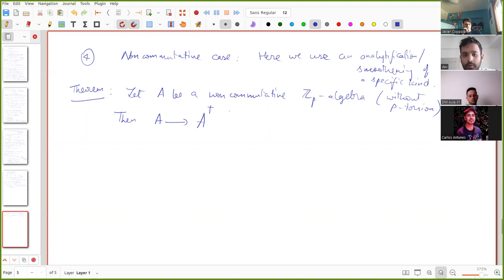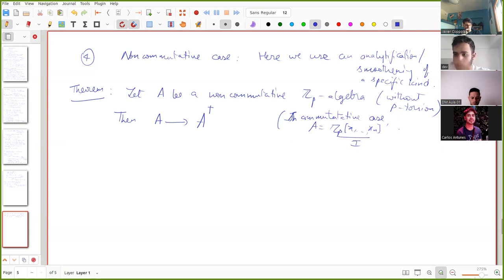Let me denote this by A dagger because that's how I denote such algebras. But morally, in the commutative case, A is polynomials in n variables or some quotients of polynomials.